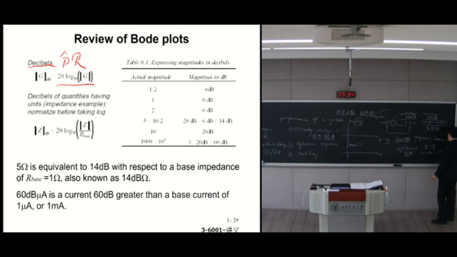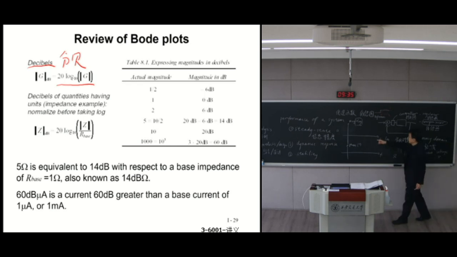These quantities all have a unit. Impedance has a unit of ohm, current has a unit of ampere, voltage has a unit of volt. So how do we handle this when we draw their Bode plot?